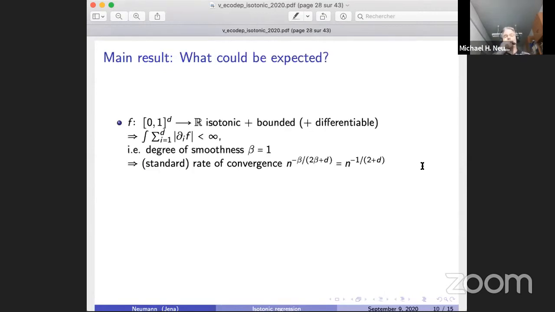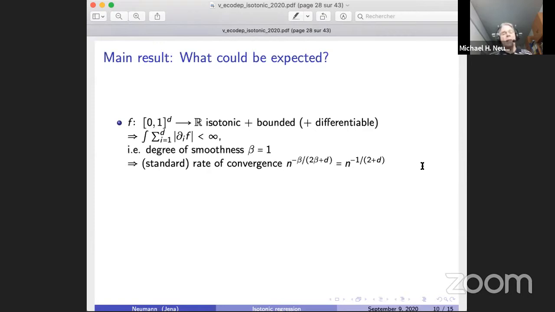So now I would like to come to the main result. For simplicity, consider this special case where the domain is just the d-dimensional unit cube. We assume that the function f is isotonic and in addition bounded, and for simplicity differentiable.